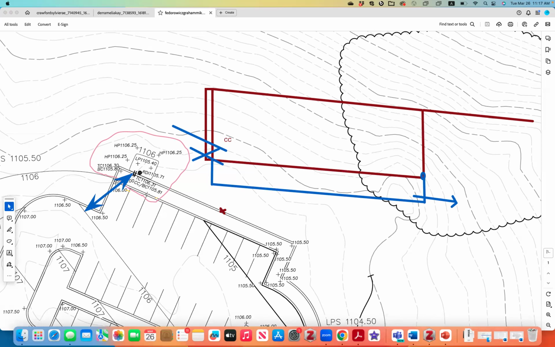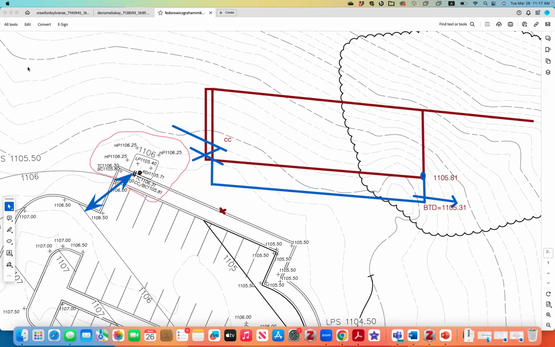So if this one TC or BC is 1105.81, here you actually have the bottom of trench drain equals to 1105.31. Okay, so this is where your water gets out.